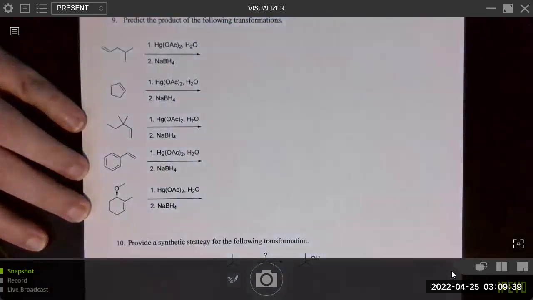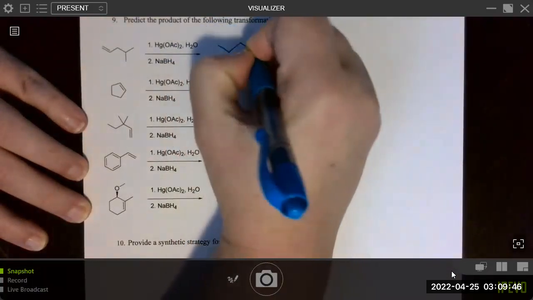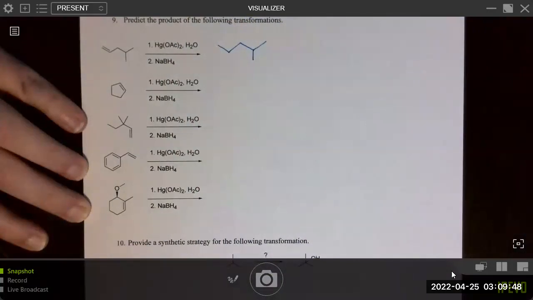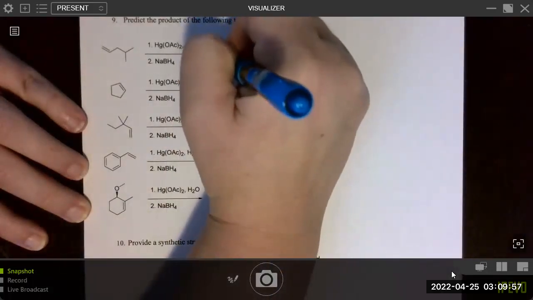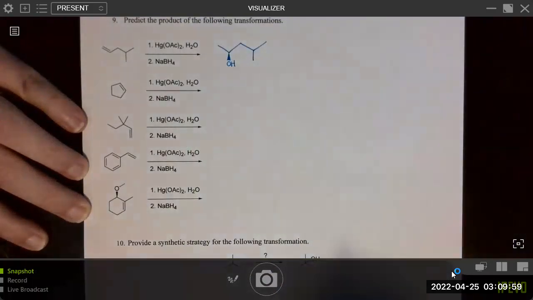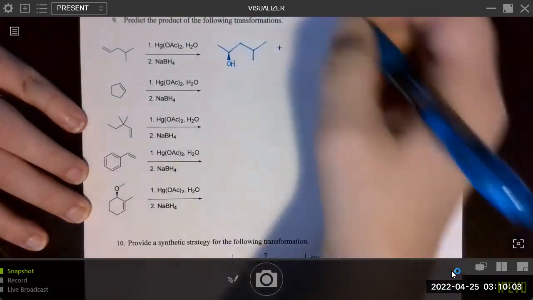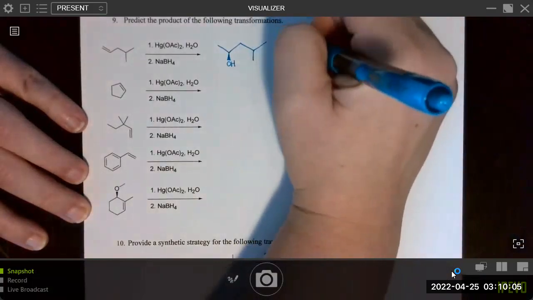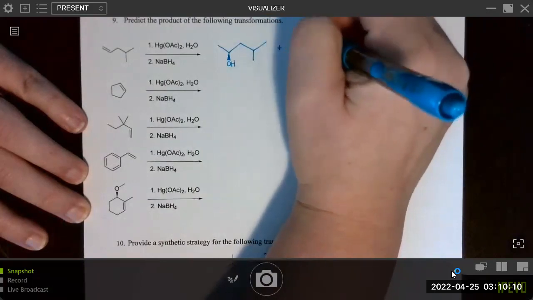So let's go ahead and draw that product in. So I usually use the second model because I think it's easier to draw in the product. So I'm just going to place this group on a wedge, making sure to also write plus enantiomer, or you can go ahead and actually draw in that product as well.